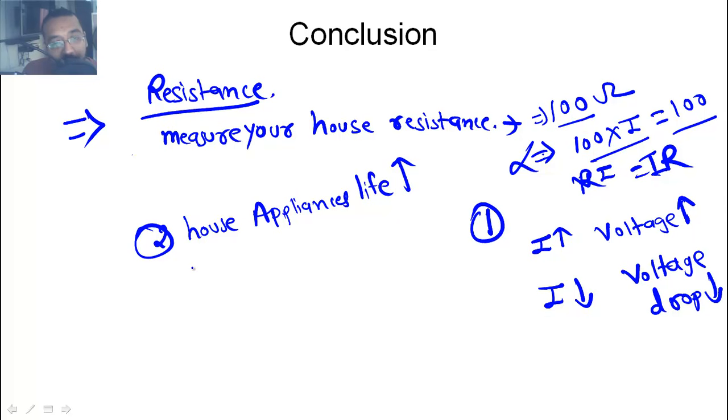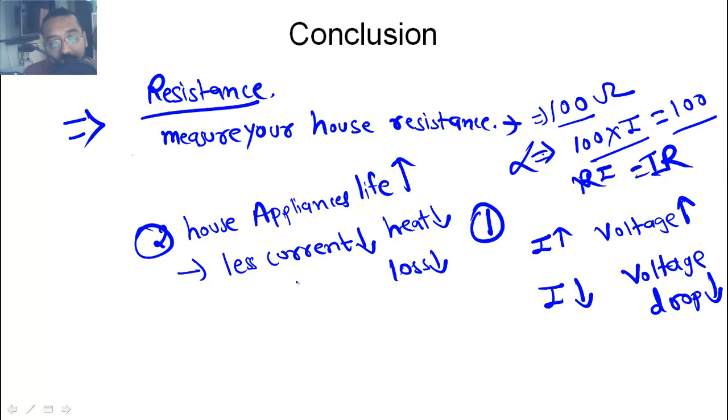Because your house appliances would be consuming less current, and if they are consuming less current, then heat would be less, loss would be less. If your appliances are not getting heated up, not at high temperatures, then they can run for a longer life. This is the second advantage.